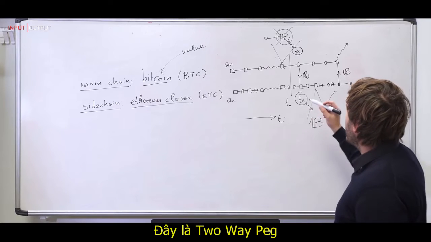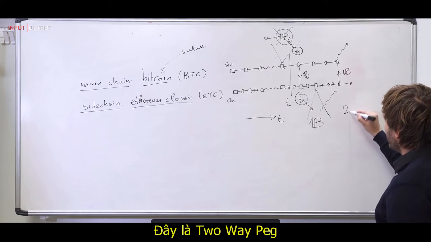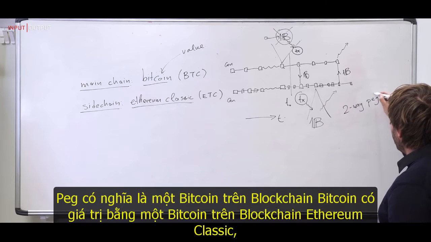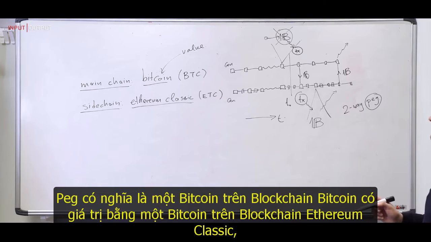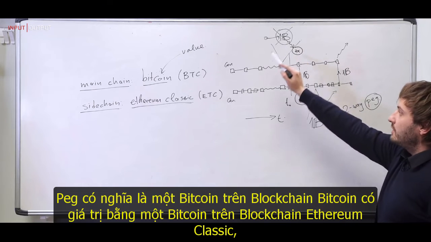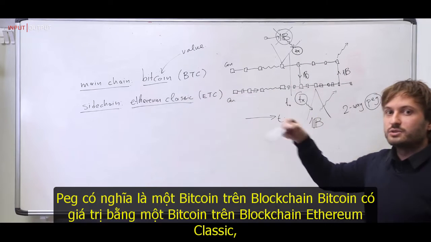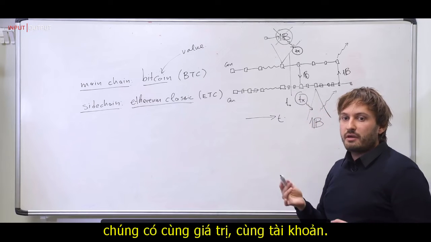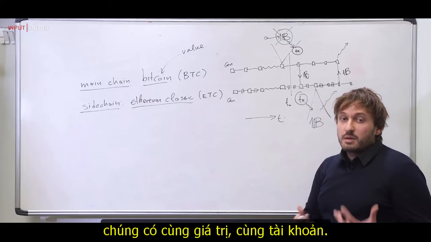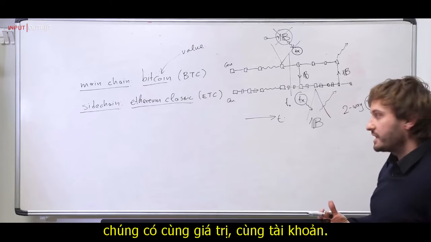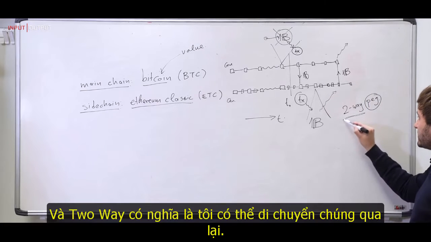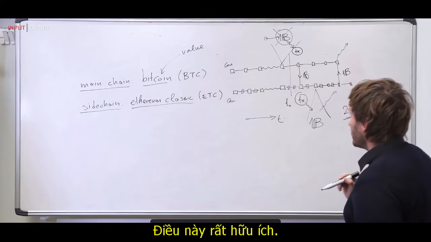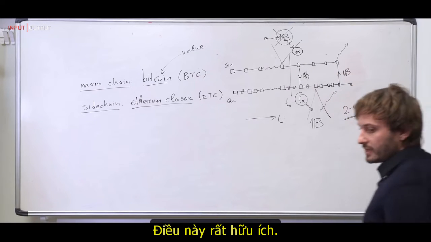So this is what we call a two-way peg. The peg means that one Bitcoin on the Bitcoin blockchain is worth one Bitcoin on the Ethereum Classic blockchain. They're the same value, they're the same unit of account, and the two-way means that I can move them back and forth. I can move them around like this.